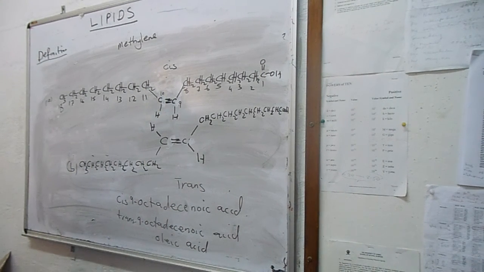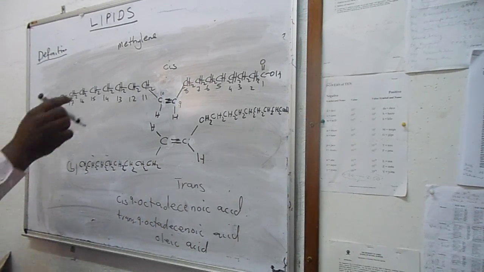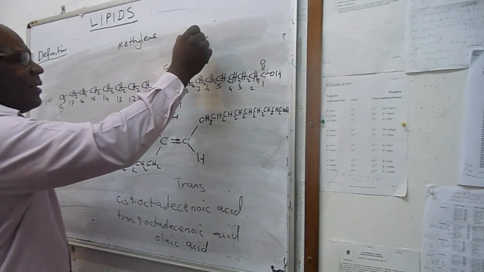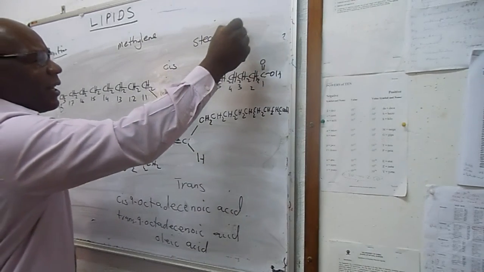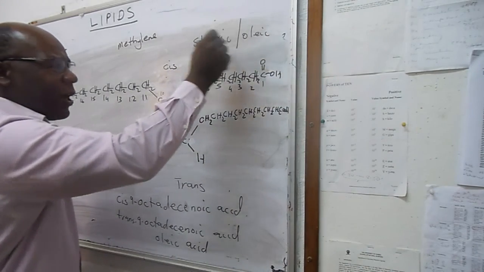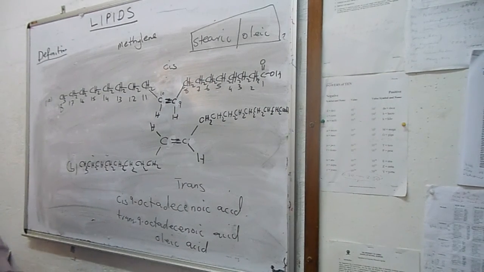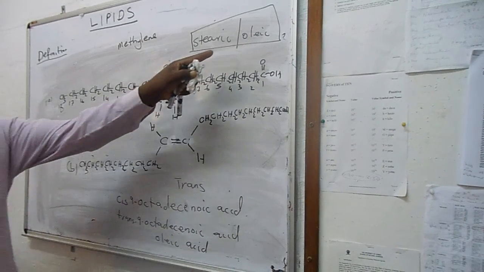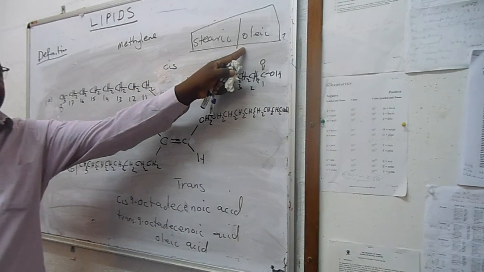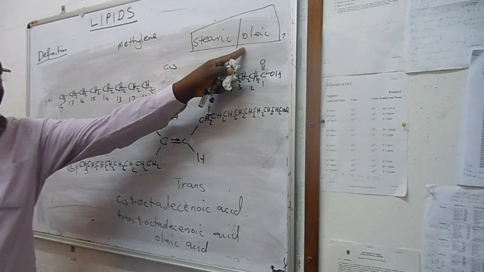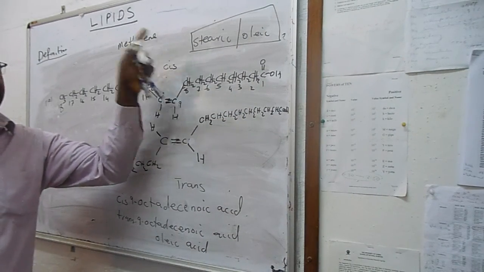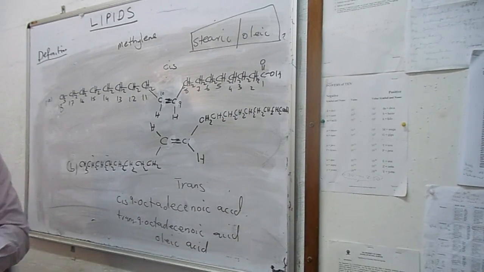Remember in the previous lecture, I said you need to correct something. I had given stearic acid as oleic acid. Please correct that mistake that I made in the previous lecture. Go back, there is somewhere where I gave the example of oleic acid. It is stearic acid and not oleic acid.